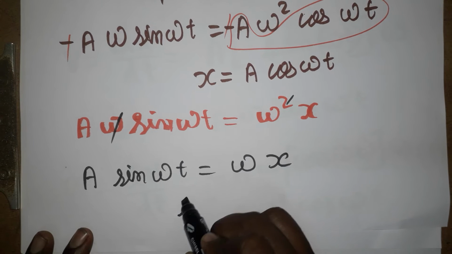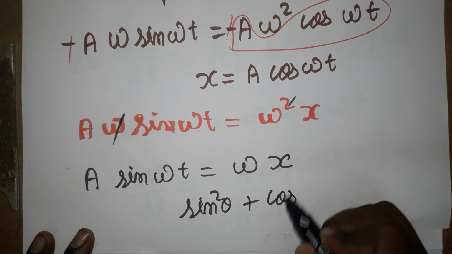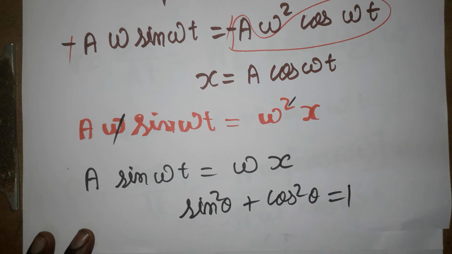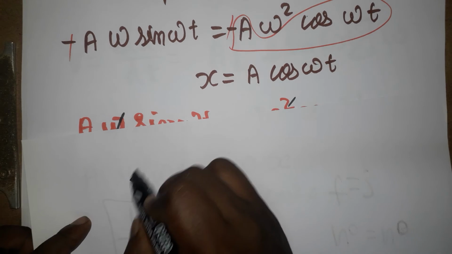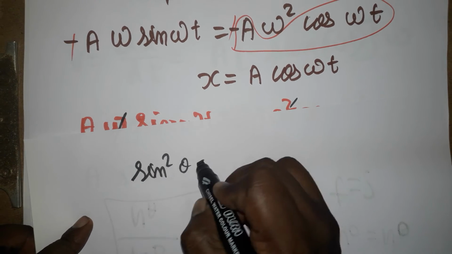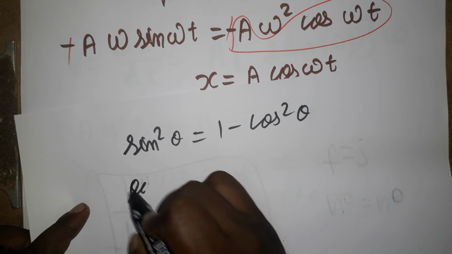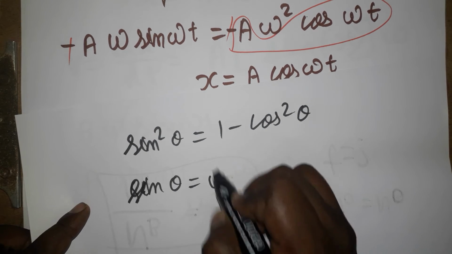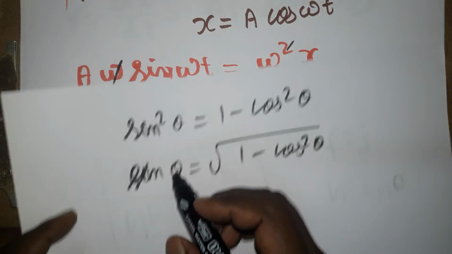Now what is sin omega t? Sin square theta plus cos square theta is equal to 1. If you want sin square theta, sin square theta is equal to 1 minus cos square theta. So sin theta is equal to root of 1 minus cos square theta. I am going to substitute this here.